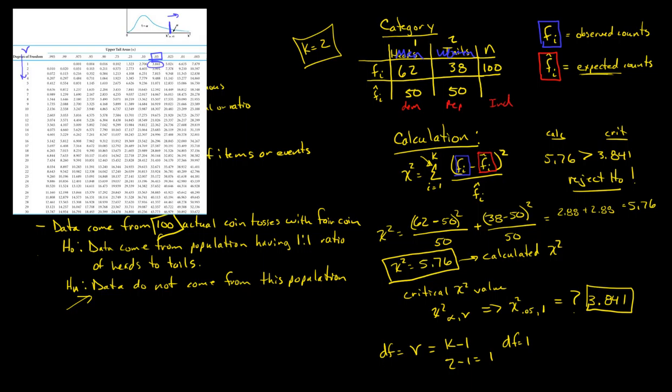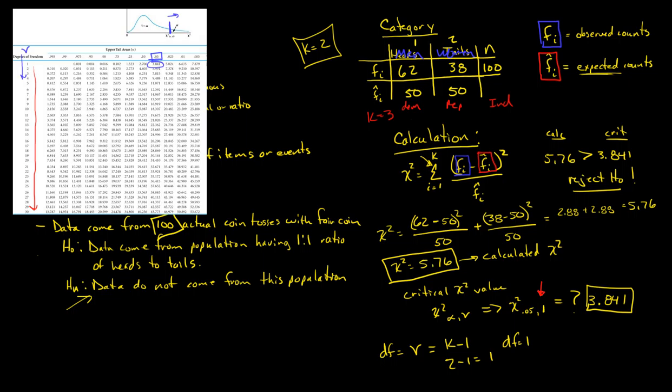So instead of k equals 2, in this particular instance we'd have k equals 3 different groups, and you could just keep these different rows going. What that means is when you're calculating your degrees of freedom for your critical chi-square, you just have to adjust accordingly, and as you can see, your degrees of freedom can go up. It can really go up to infinity, depending on how many levels you have.